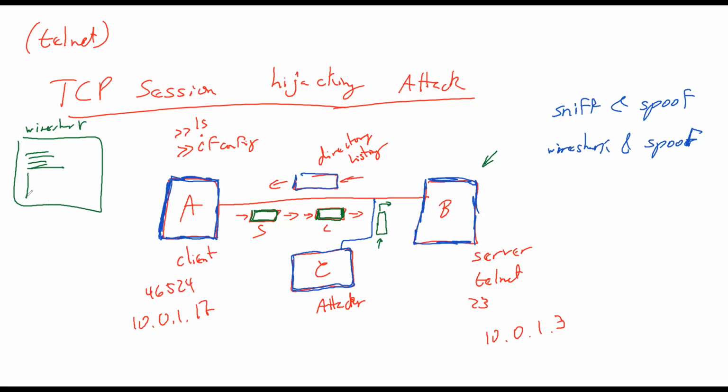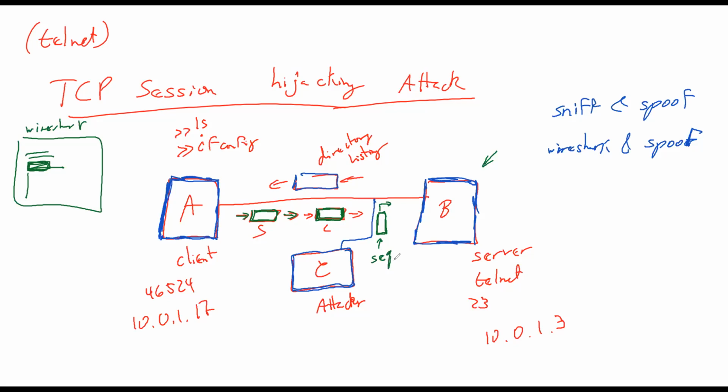What you need to do is go to Wireshark and grab the last packet in that direction, so that you can figure out what would be the next packet that you need to create here. The easy things are the IP and the port numbers. The hard part is, again, you have to get that sequence number.